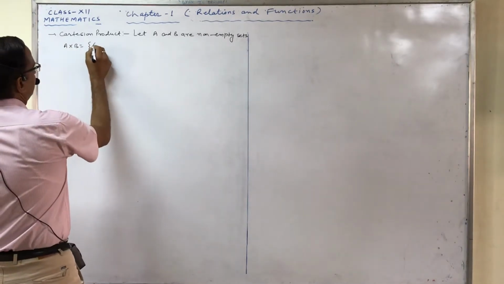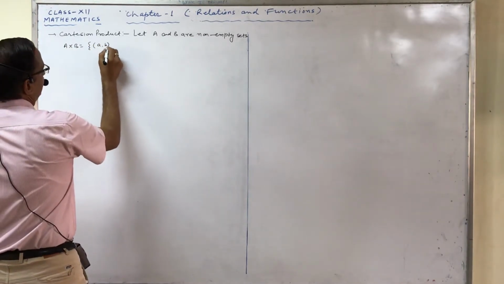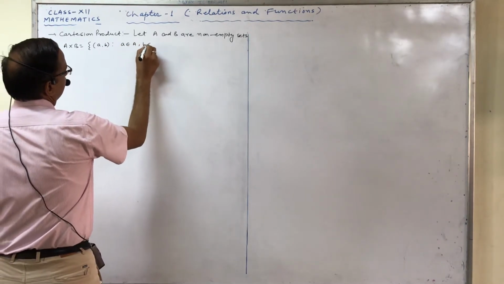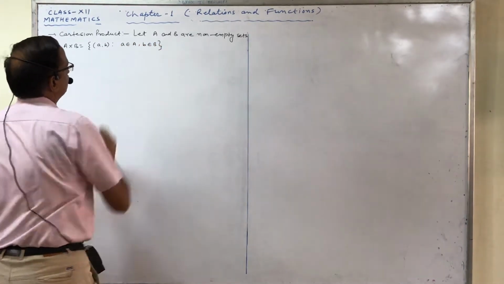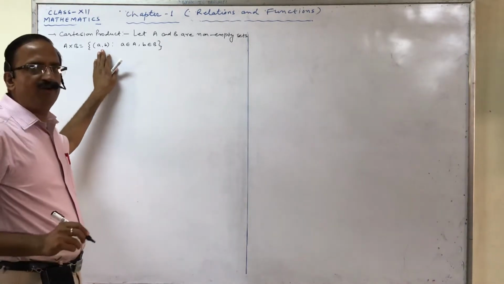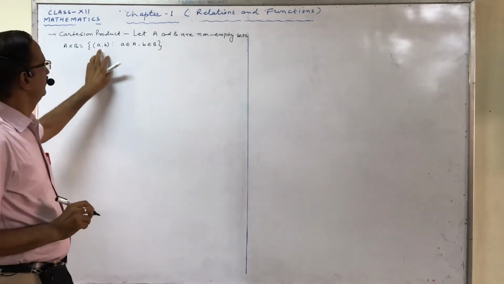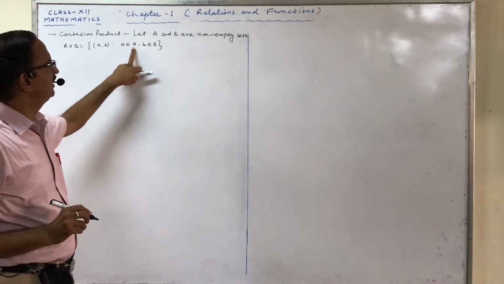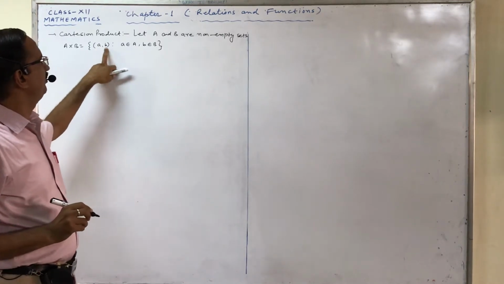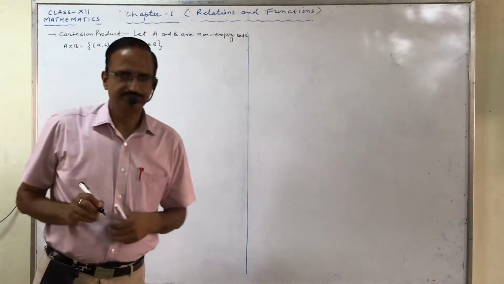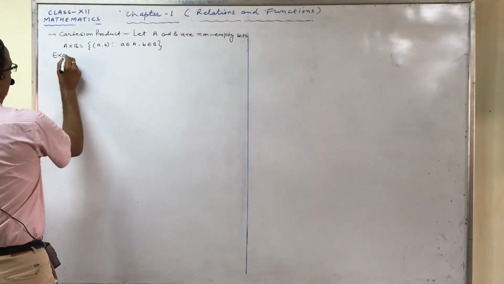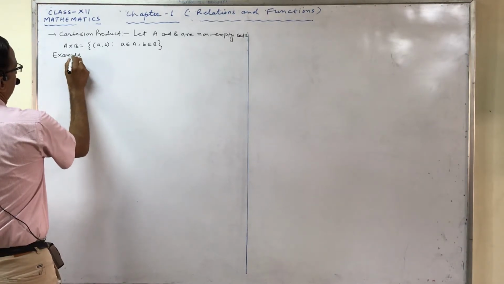So we will write the Cartesian product in the form of ordered pairs like this. This is the general form of an ordered pair. The first element of this ordered pair belongs to set A and the second element belongs to set B. For example, I am taking one example.